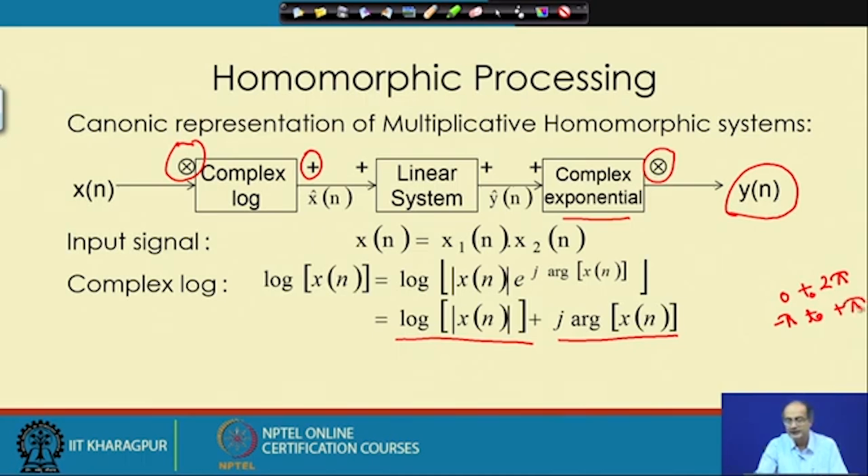However, the real angle could be outside this range, but once we take it through the complex log, it will always be mapped into that 0 to 2 pi kind of domain. So, it goes through a modulo operation, and because of that we get some discontinuity in the signal.